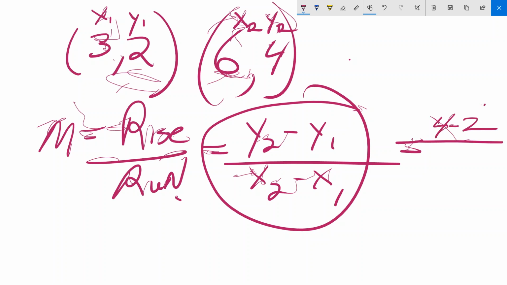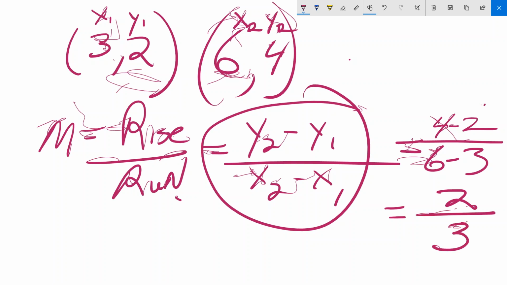What's the run? What is x sub 2 minus x sub 1? 6 minus 3. Yeah. That reduces to a positive 2 over a positive 3. That is your slope between those 2 points. Now, let me change it a little bit.